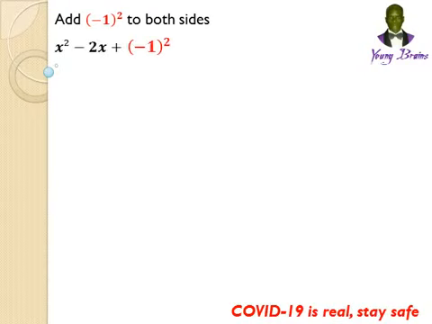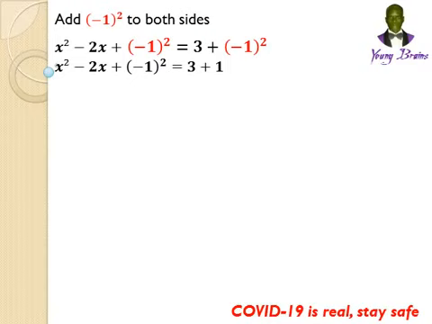We then have x squared minus 2x plus minus 1 squared on the left hand side, equals 3 plus minus 1 squared on the right hand side. This gives x squared minus 2x plus minus 1 squared equals 3 plus 1, having squared minus 1.